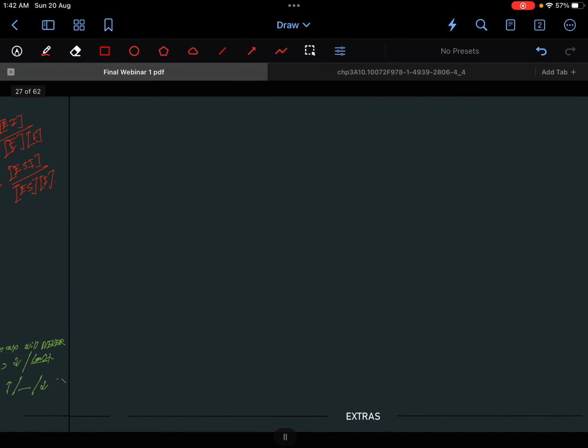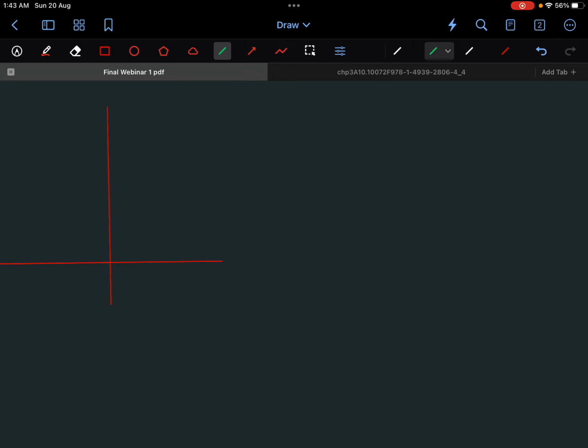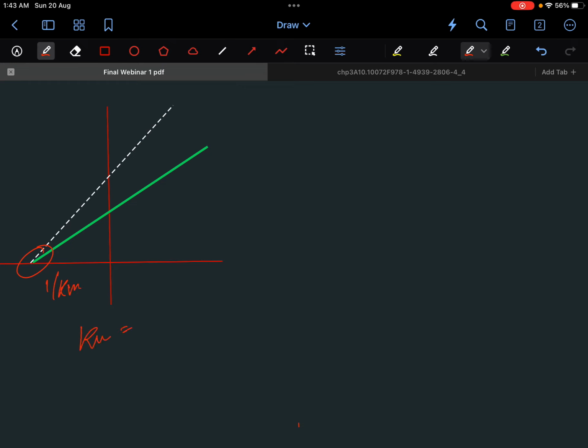So if I go to the next slide and just recap what I just said. This is when the substrate is there, and this graph is given to you. Just close your eyes and think, okay, this is like the angle of N. For the angle of N, it is diverging from 1 by Km, so 1 by Km is not changing, so Km is constant.